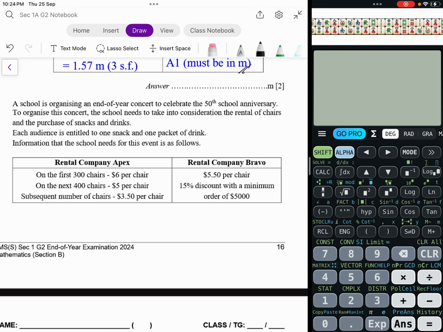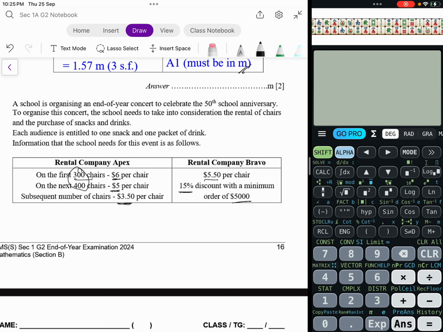Okay, so the first 100 chairs, they are charged $60 per chair. For rental company A, for B is $5.50 per chair. Okay, the next 400 chairs is $5 per chair. So 15% discount with a minimum order of 5,000. Well for Apex, any more chairs above 700, right? 700 meaning 300 plus 400 is 700, right?